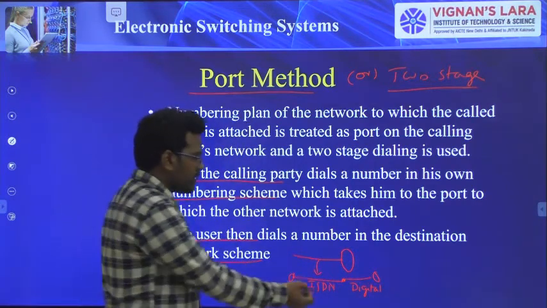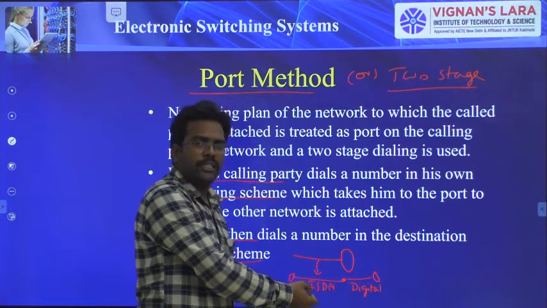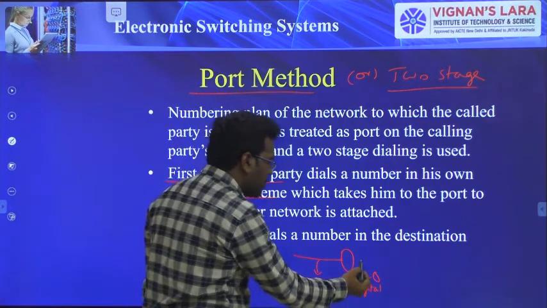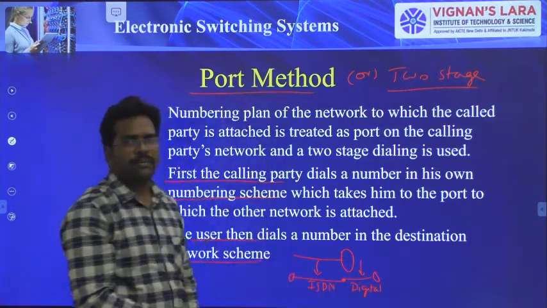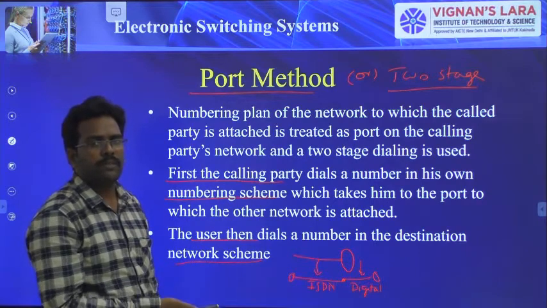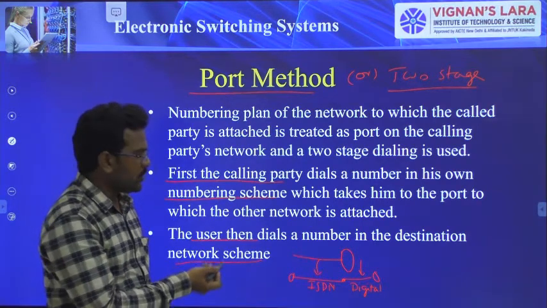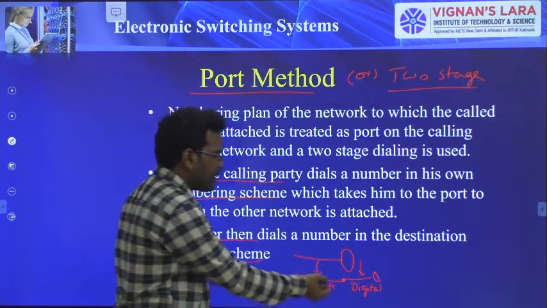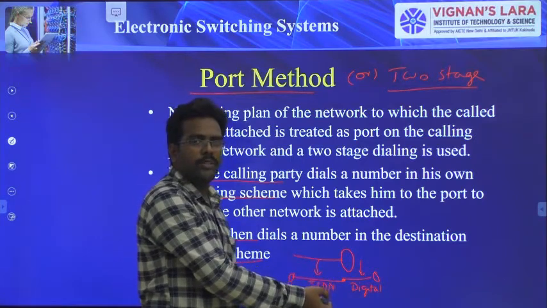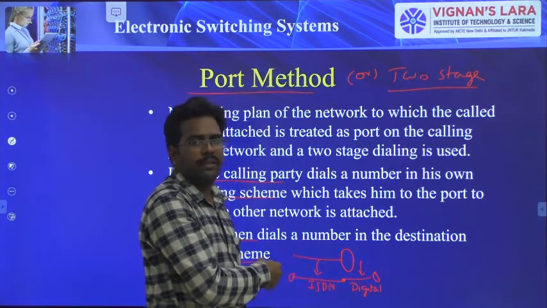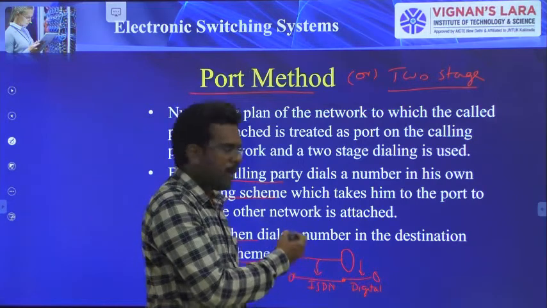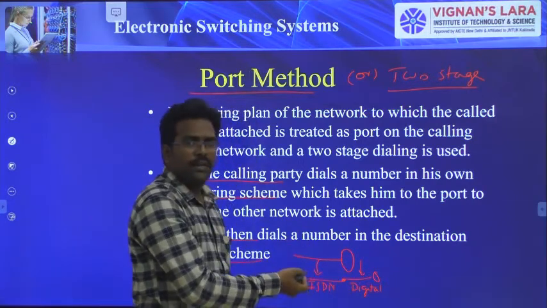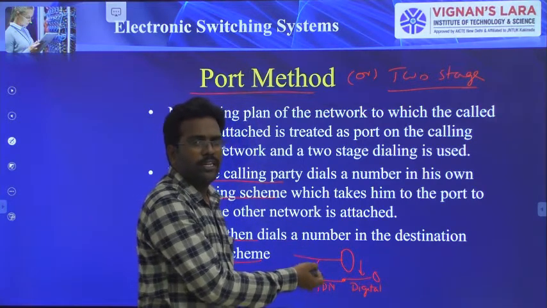Once it reaches the interface of your ISDN, after this you have to use the numbering scheme for digital. So two steps. Whenever it reaches the interface, the exchange is going to send a dial tone once again to us. After the dial tone, you have to type the numbering scheme of your digital network.